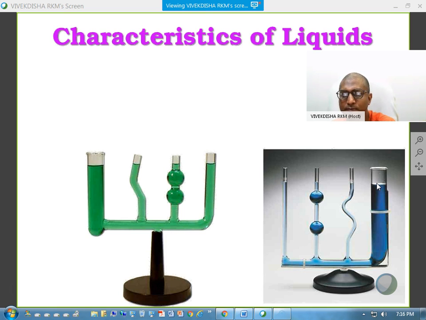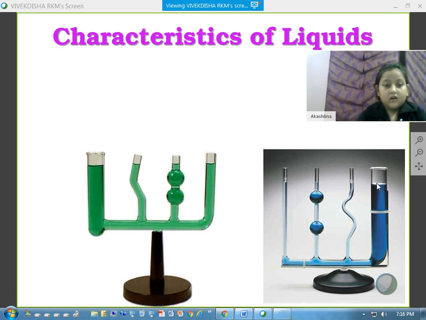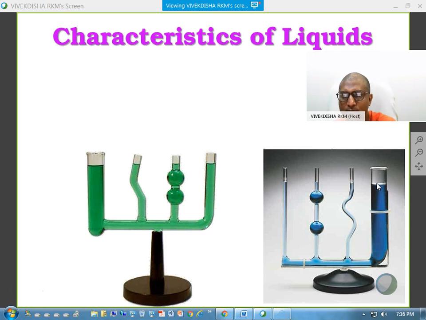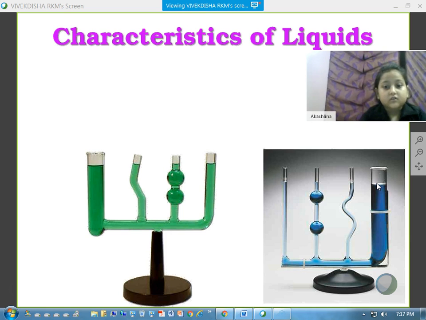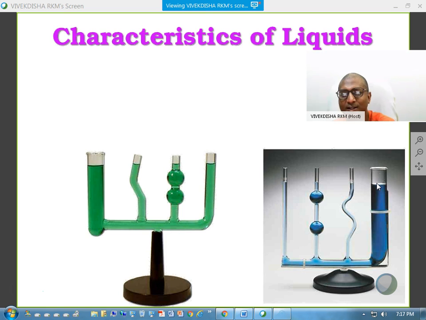The volume of these liquids is not changed. But how can you say so here? We have not taken this volume to another container. Otherwise, you cannot say that.